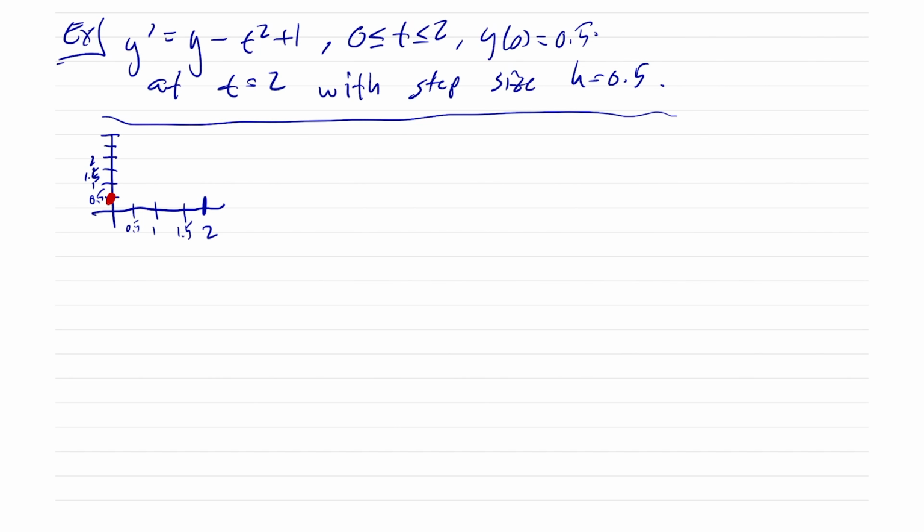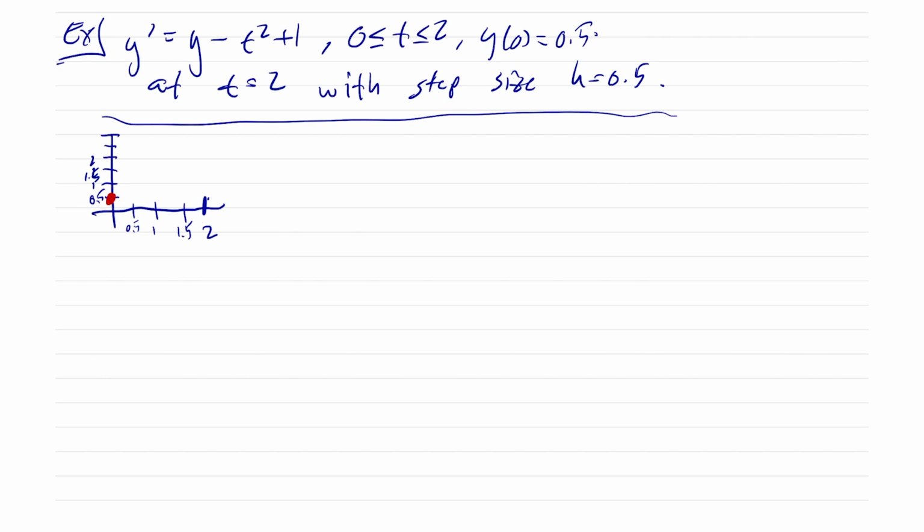So we don't know exactly where on this line our solution is going to be, and so that's what we're trying to estimate. But in order to get to here, we need to go through and figure out all these other points. So how do we figure them out?